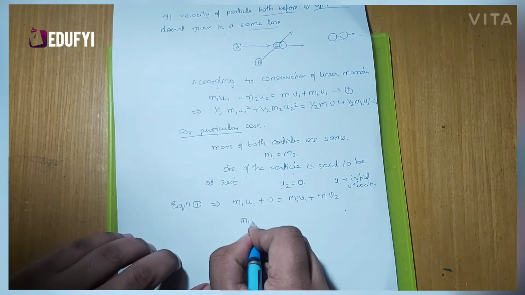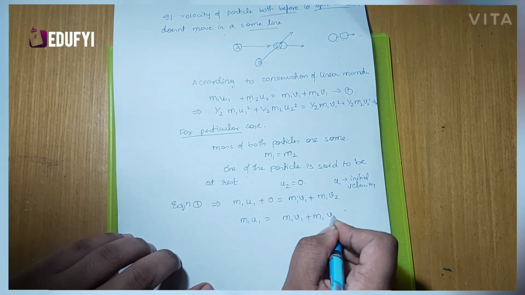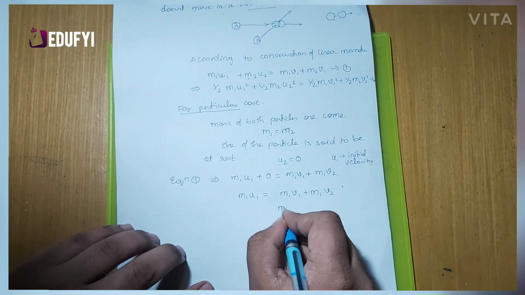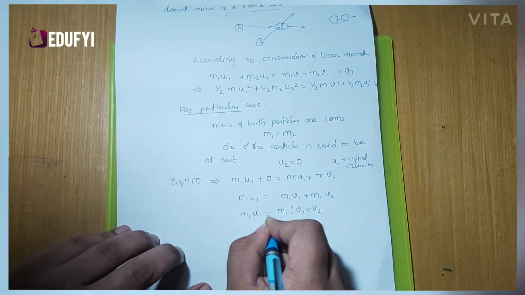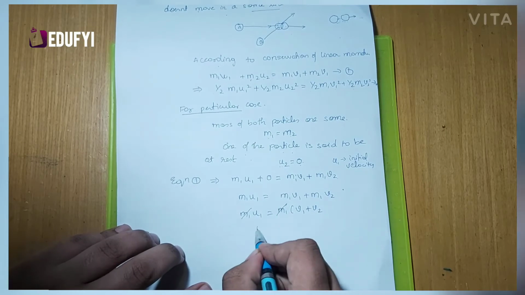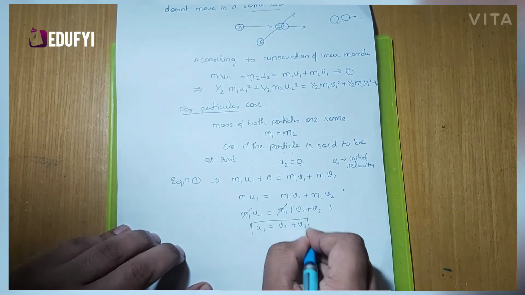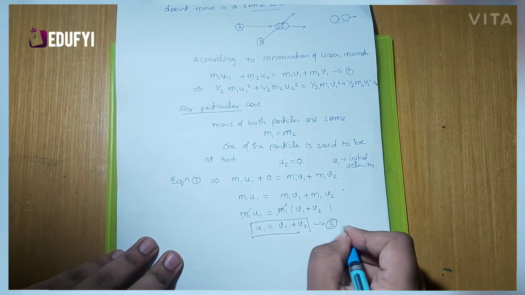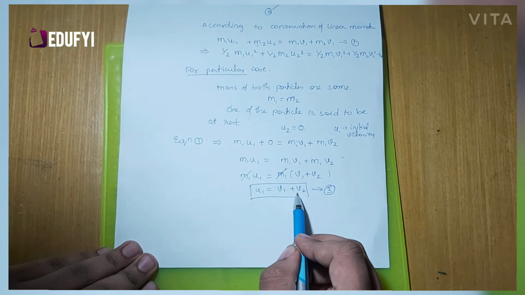Take m1 as common, so m1 and m1 get cancelled, and you are left with u1 is equal to v1 plus v2. Consider this as the third equation.